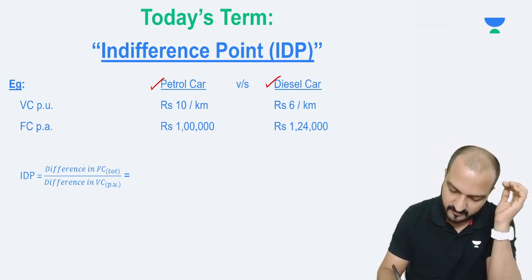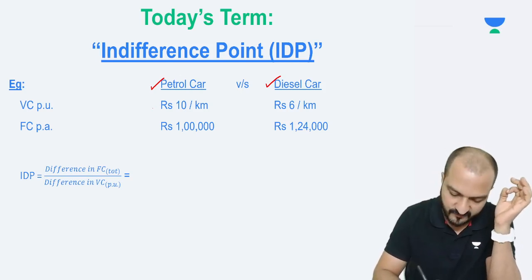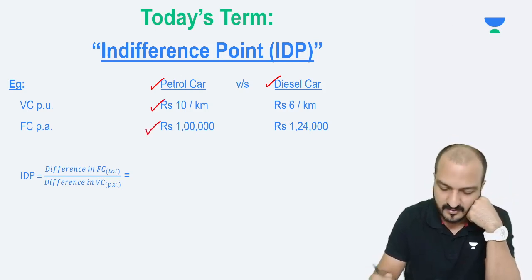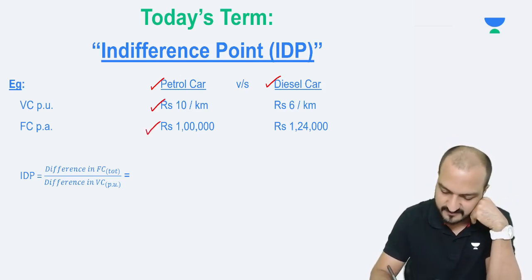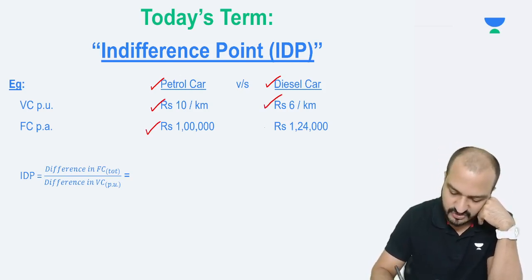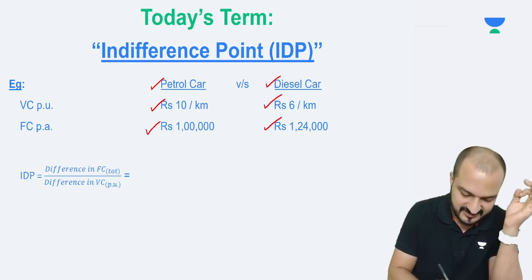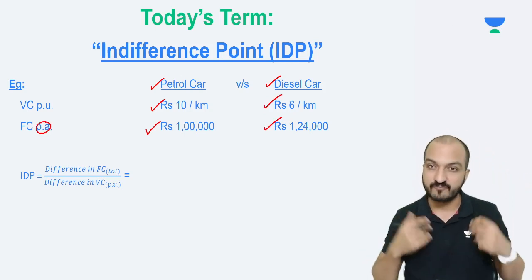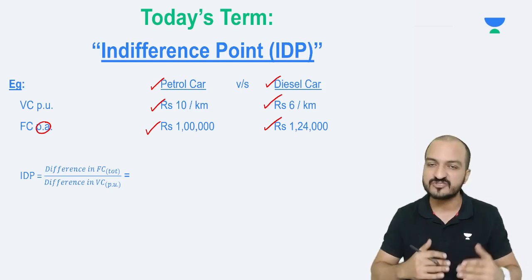Say the petrol car is the one in which your variable cost is 10 per kilometer, fixed cost is 1 lakh. Diesel car has a cost of 6 per kilometer, but fixed cost is 1,24,000 per annum. Now this annual cost will include the cost of maintenance, depreciation, service charges, everything.